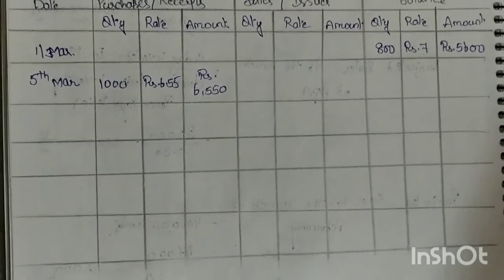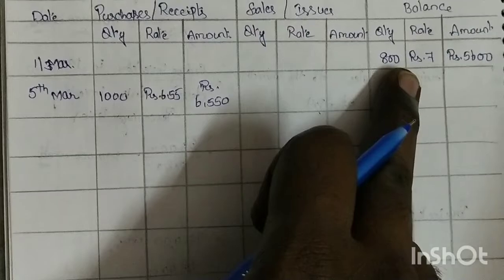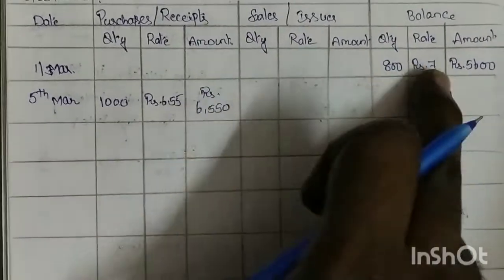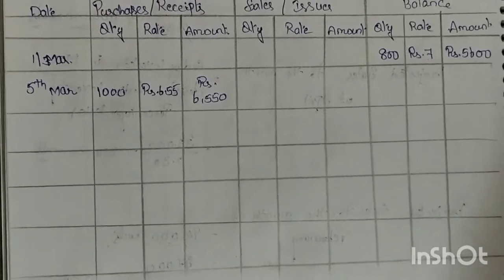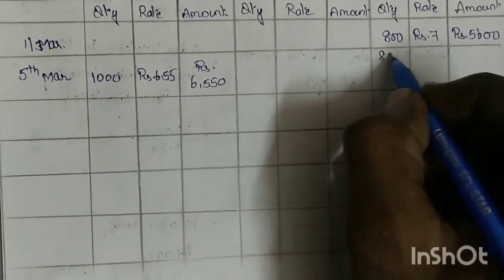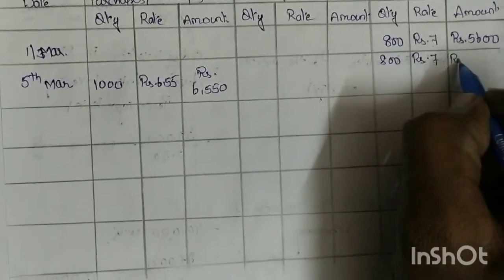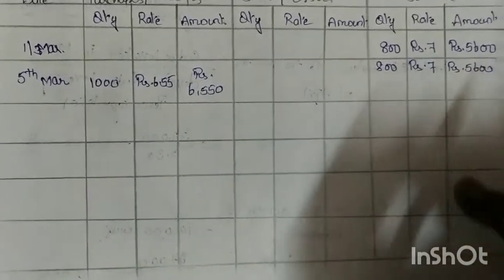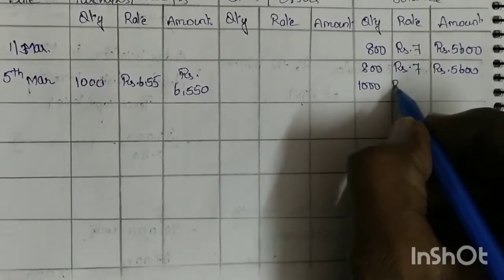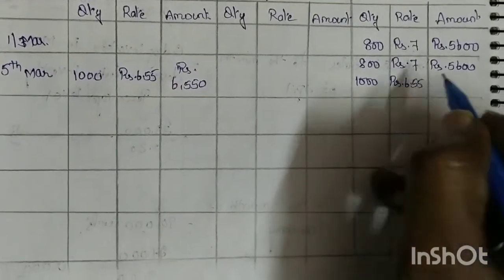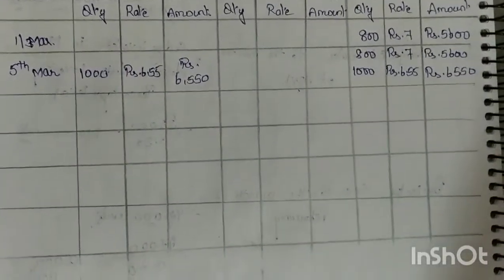This is the purchase. Now in the balance column we have to add this quantity, but the rate per unit is different, so we cannot combine both, and we have to write them separately. First 800 units at rupees 7, rupees 5600 as usual, and next the additional quantity purchased, 1000 units at 6.55, and the amount is 6550. That is what we have written.